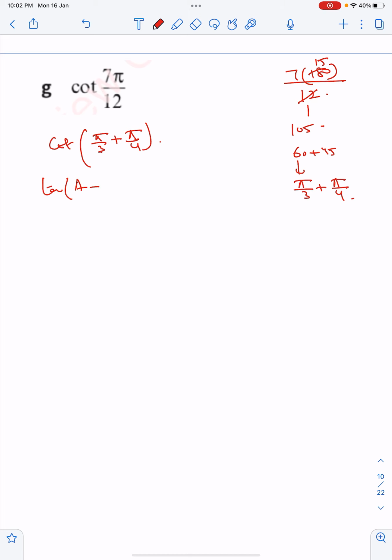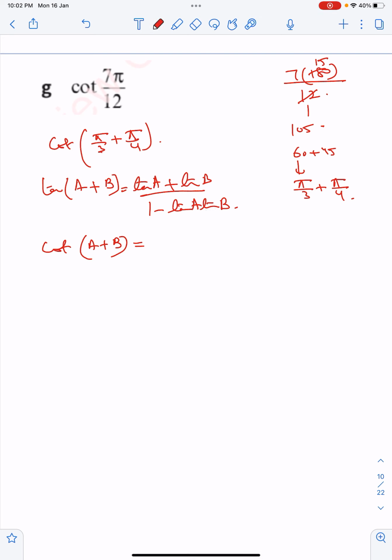Tan of A plus B equals tan of A plus tan of B upon 1 minus tan of A tan of B. Now if it's cot of A plus B, we know that cot is a reciprocal of tan. So this will go up and this will come down. You have to reciprocate this side as well. So it will become 1 minus tan of A tan of B upon tan of A plus tan of B.